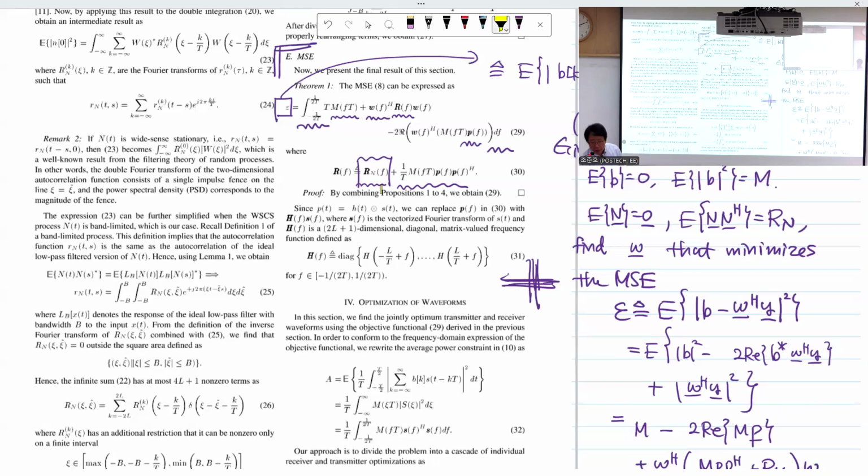So here we have W Hermitian R W that appears here, right?